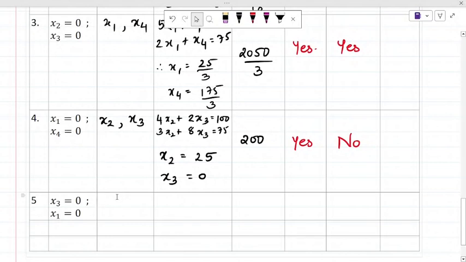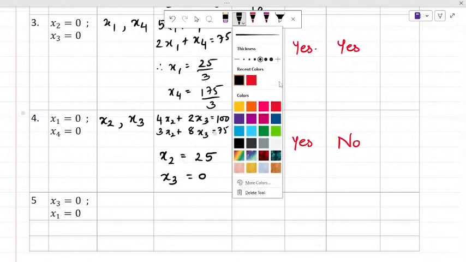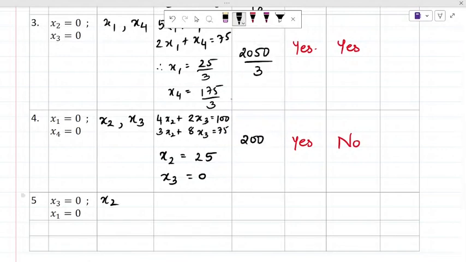So here we are getting the equations as the basic variables will be x2 and x4. So in that case, 4x2 plus x4 equal to 100, and here it is 3x2 plus x4 is equal to 75.